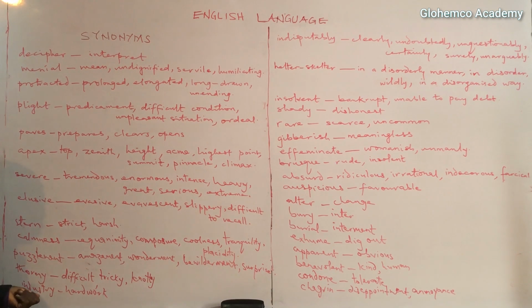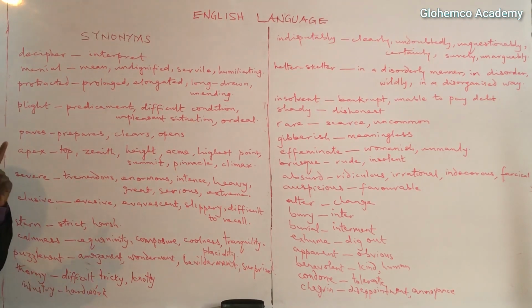Then we have industry. This industry does not refer to a place where they produce some goods, no, but it simply means hard work. When you refer to industry, hard work. Now, the adjective will be industrious: hard working. But industry on its own means hard work.